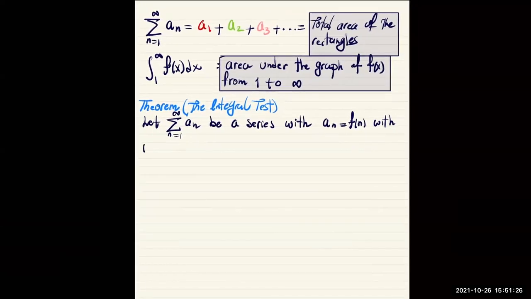Number 1, we want the function f to be positive, always positive, or eventually positive. That's the first requirement. So f of x greater than 0, always or eventually.